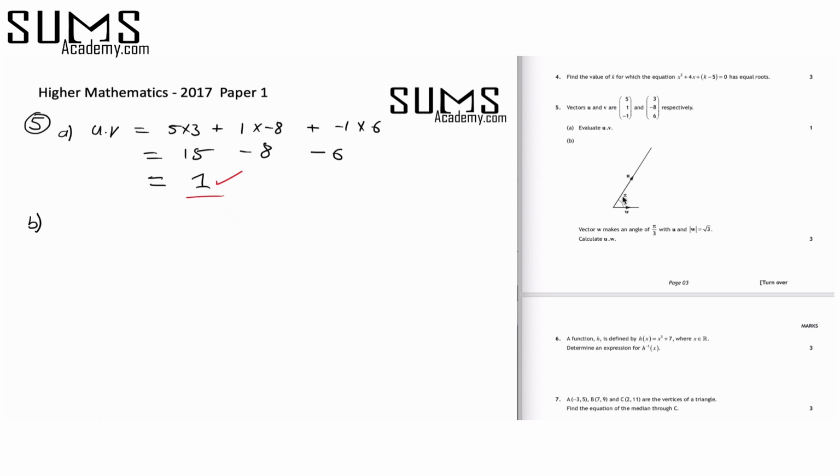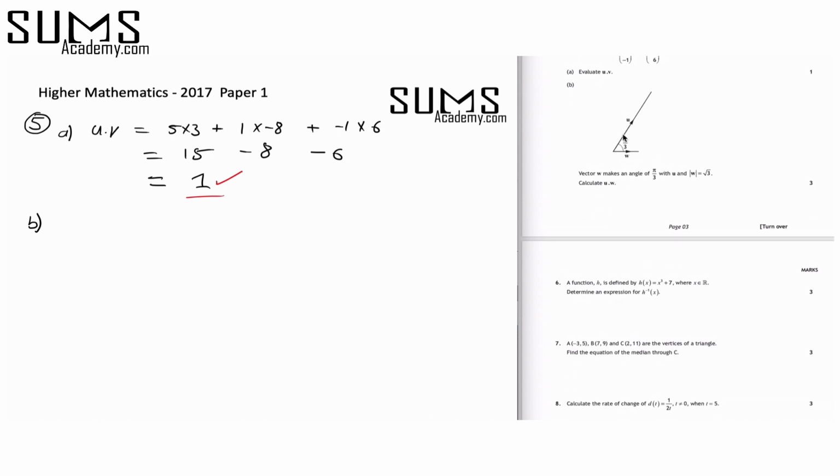We're told we're shown vectors u and w, and that vector w makes an angle of pi over 3 with u, and the magnitude of w is root 3, and we're asked to calculate u dot w.